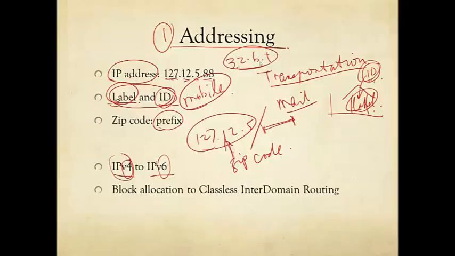And back then, 40 years ago, people thought that 32 bits was a lot. 2 to the 32 is a big number. Are you sure we're going to need that much? There were a lot of people thinking that maybe we only need 8 bits, because 2 to the 8 is about as many machines we'll ever need to connect. And what is 2 to the 8th? That's a very, very small number. It's 256, right?